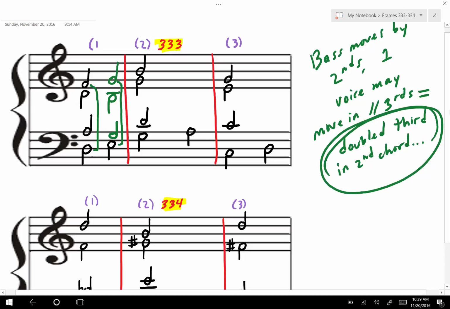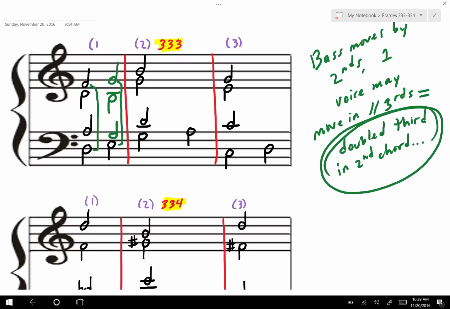So when the bass moves up by seconds, one voice may move in parallel thirds to the bass. In this case, the soprano is going from F to G, while the bass is going from D to E. That's moving in parallel thirds. And then you can bring the other voices down to the nearest chord tone.